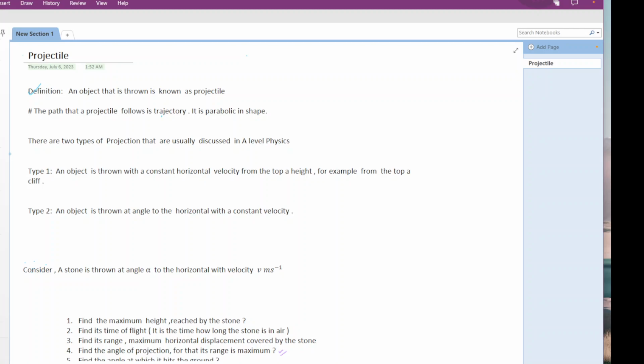The path that a projectile follows is the trajectory. It is parabolic in shape, and it's a geometrical shape, in fact a shape of analytical geometry, and it is like this.